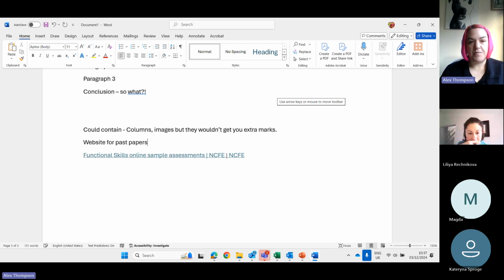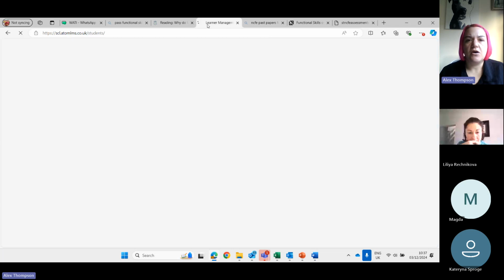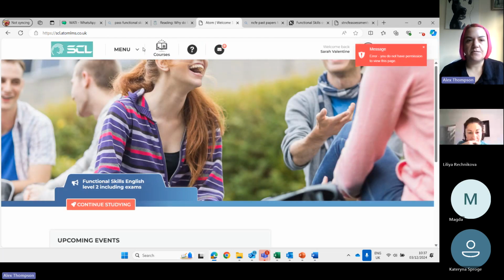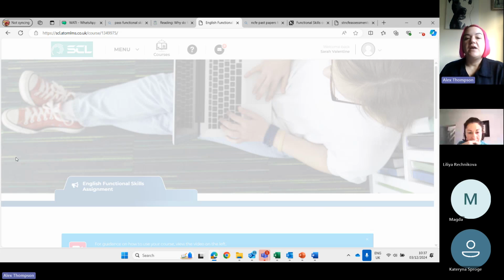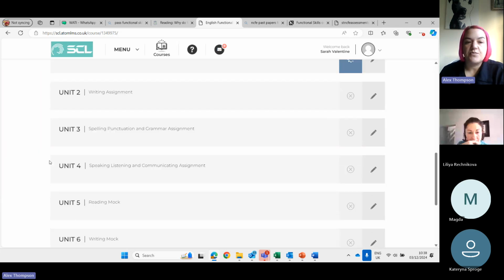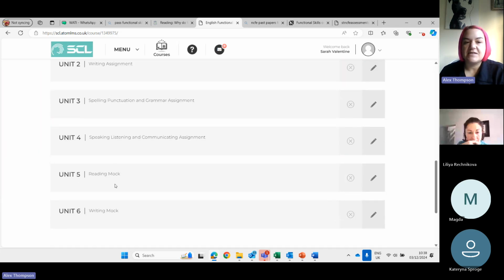So the website for past papers, I'll put it on there for you. I'll just show you as well on the Atom portal. If you go to the English course, and if you look at these ones that say assignments, we have put mock exams on here as well. So units 5 and 6 on here. We have a reading mock exam and a writing mock exam. And when you submit this, it will send it straight through to me and I will mark it.